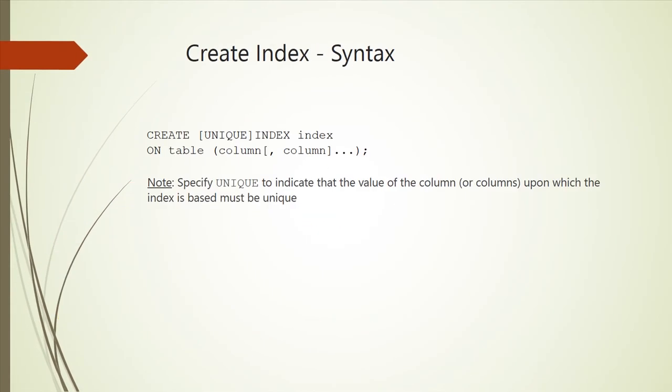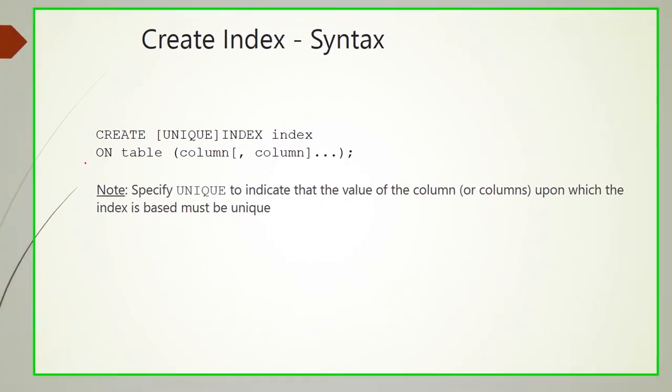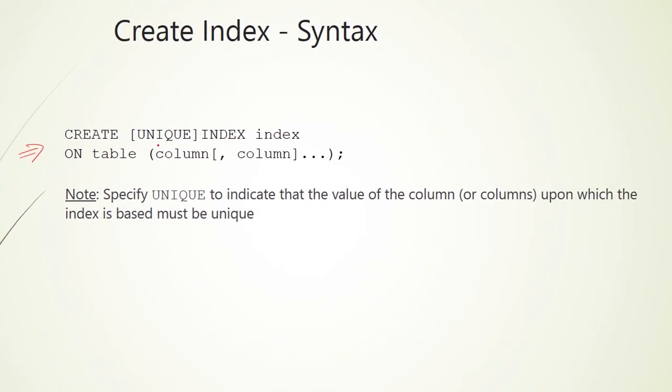To create an index manually, you can use this create statement: create unique index, the index name, on table, and specify the columns that you want to create the index on. Here we can specify the optional unique; if you don't specify unique, the index will not be unique. A unique index indicates that the value of the column or columns upon which the index is based must be unique.